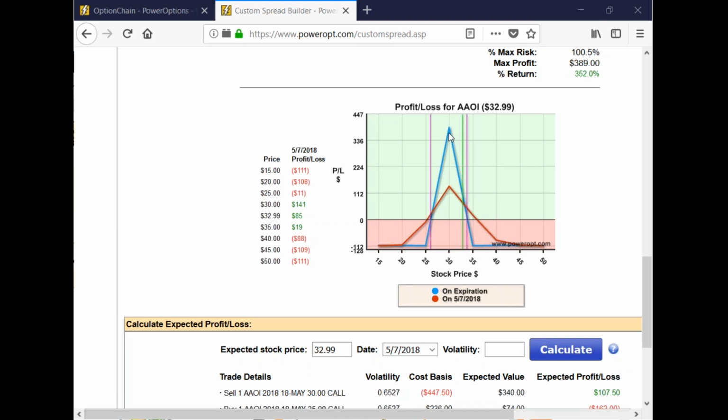What I'm saying is that I can't pick a strike price. If I enter this position, it's because I feel confident that AAOI is not going to be more than plus or minus a little bit under 1% from $30 in the next 28 days to May expiration.